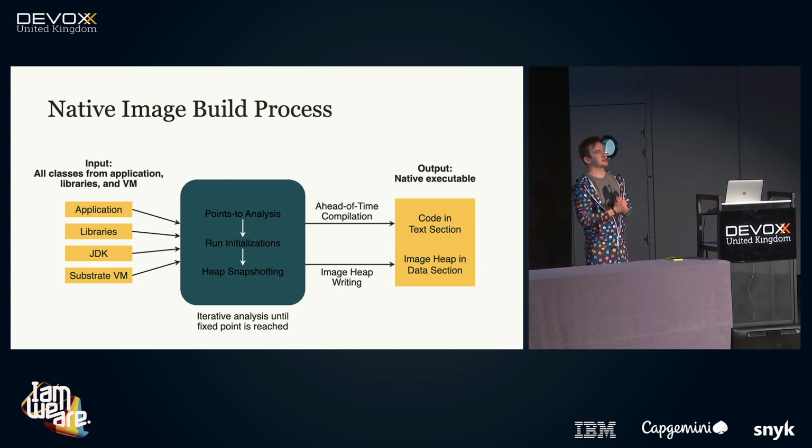Another thing that it does, this process pre-initializes some data structures and some classes in your application. And this is very, very important. This is a source of hundreds of errors that I've seen, where people misunderstand what is happening. To be honest, it's very complex what is happening there. But the point is that it pre-initializes some data, and it serializes those objects into what we call the image heap, and it writes them out.